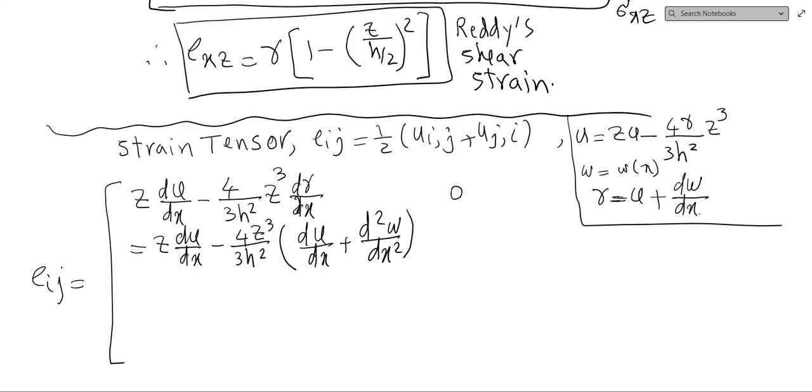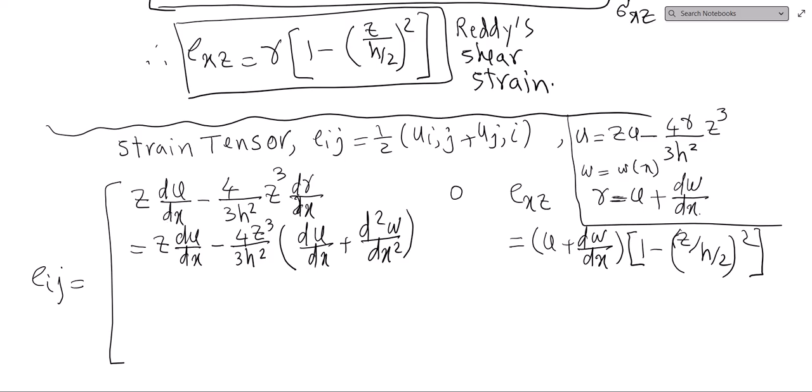And E12 is 0. E13 we already calculated. So I write it here again. Exz is equal to gamma, which is phi plus dw dx, times 1 minus z over h over 2 square bracket. And this is symmetry. E22 is 0.